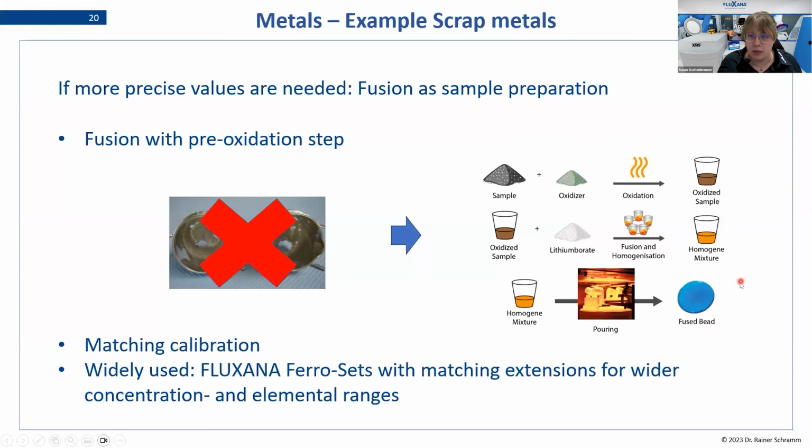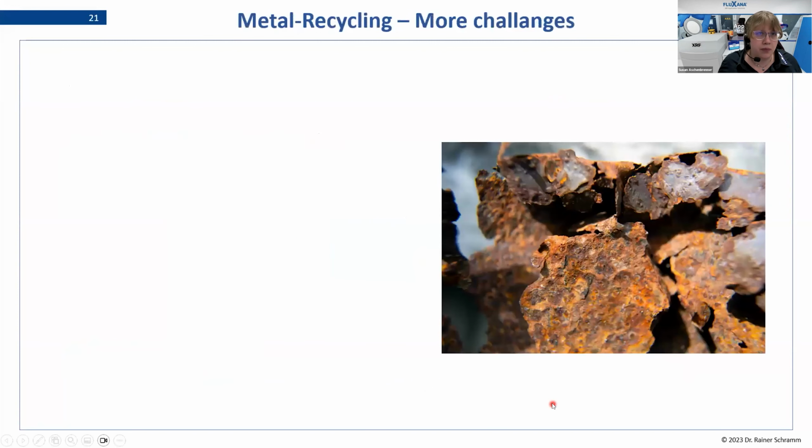And these sets can also be extended for a wider range of concentration or elements. And this is widely used. And there are several ferro sets available for different ferro alloys. For example, ferrochromium, manganese, silicon, and we could go on like this forever. So this is what is mostly used for this kind of application.